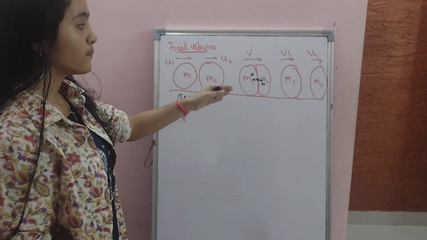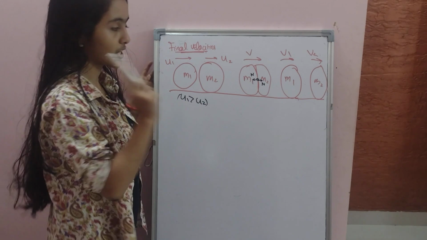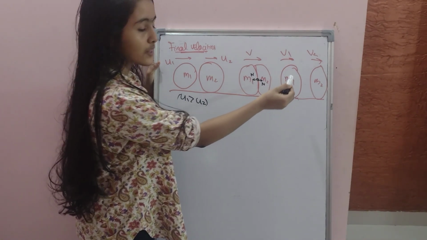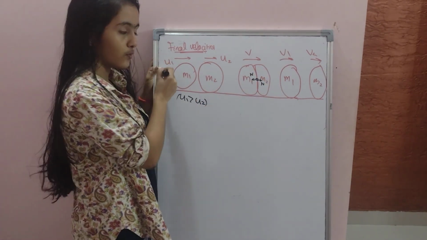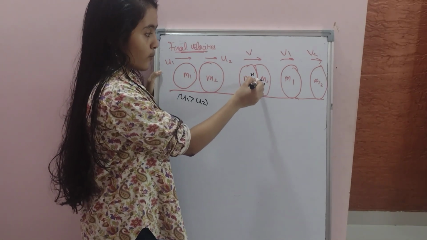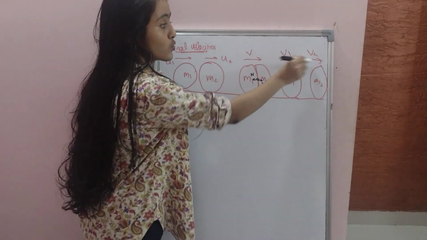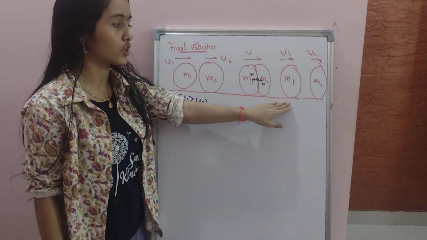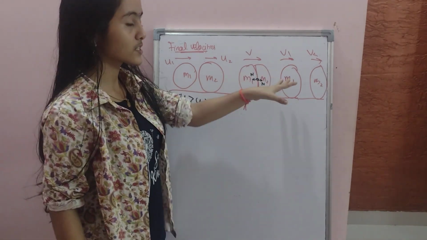See, which one, v1 or v2, will be larger? Check here. This is body m1, and it has a final velocity v1. Earlier it had an initial velocity u1, and at this point a normal force is acting on m1 in this direction, which is opposite to its final velocity. Its velocity after collision is opposite to the direction of the force, so this velocity is less.